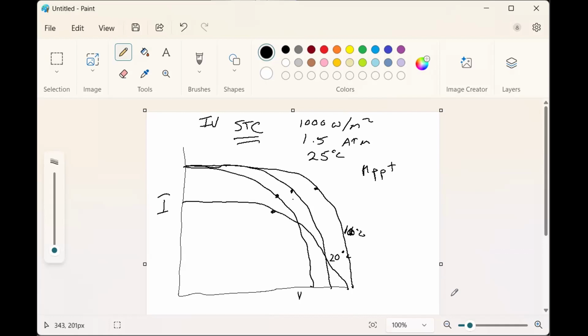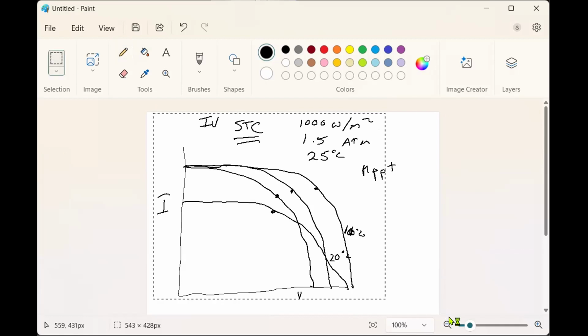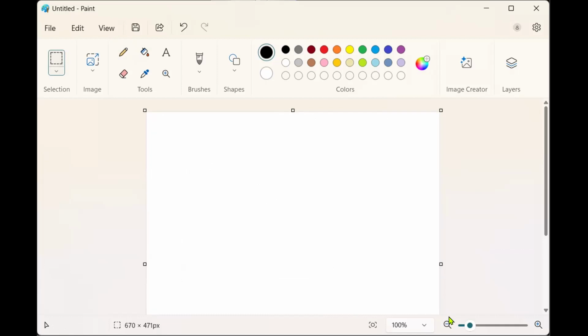But remember, the maximum power point is based on the conditions it's facing at the moment. And that'll come into play a little bit later because the conditions that we're given are based on measurements at STC. But we will have to adjust that based on conditions as we find them.